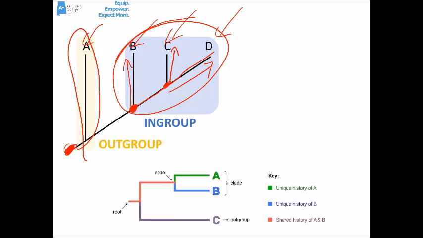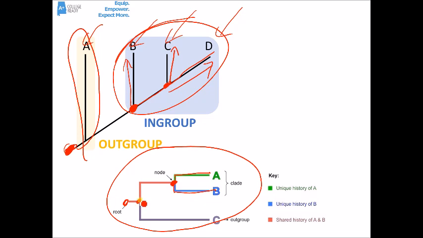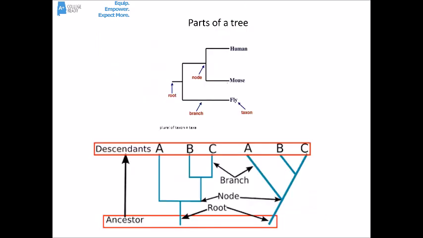Again, we can sort of see it drawn a different way down here, but the same relationships. So we've got a root. Here's a node. There's a common ancestor there. Some of that ancestor's progeny became species A. Some became species B. Right here's a node. Some of this common ancestor's progeny became C. Some went on to become either A or B. And again, here we can see the root, the beginning of the cladogram, the original common ancestor of everything else.